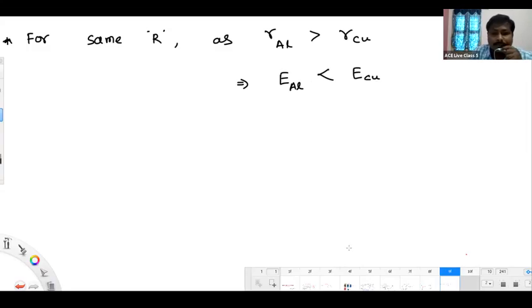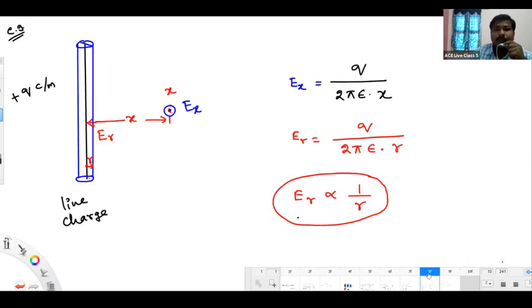Then please tell me, what is the problem with this electric field intensity? Why are you thinking about it? Particularly, if the electric field intensity on the conductor surface becomes higher than the dielectric strength of the surrounding dielectric medium, then definitely there is a possibility of breakdown of the dielectric material on the conductor surface.